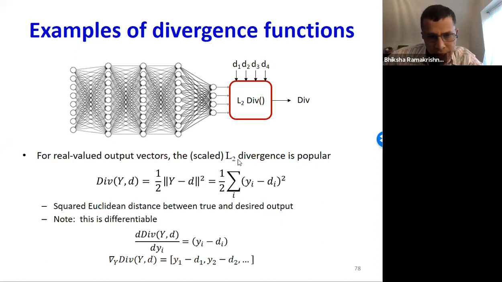Half is just a term of convenience so that when we differentiate this divergence the twos cancel out. And so it's going to be the sum over all components of the square of the differences between the actual and target outputs for the network.